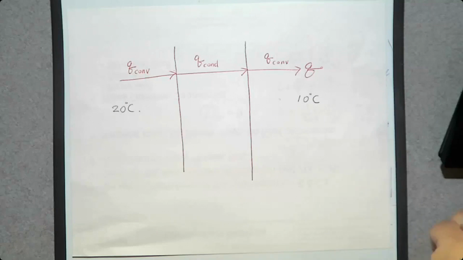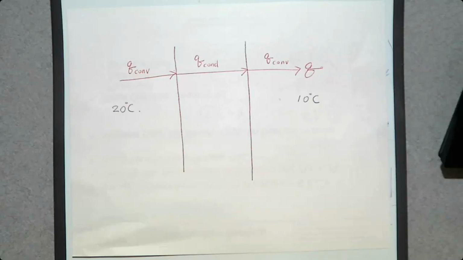Then, how does this temperature distribution look? First of all, here is 20 degrees Celsius. To have a heat transfer in this direction, what's going to be the temperature on the inner surface? 20? If the temperature is 20, is it possible? It's not possible. If this one is 20, there is no temperature difference, so there is no heat transfer.